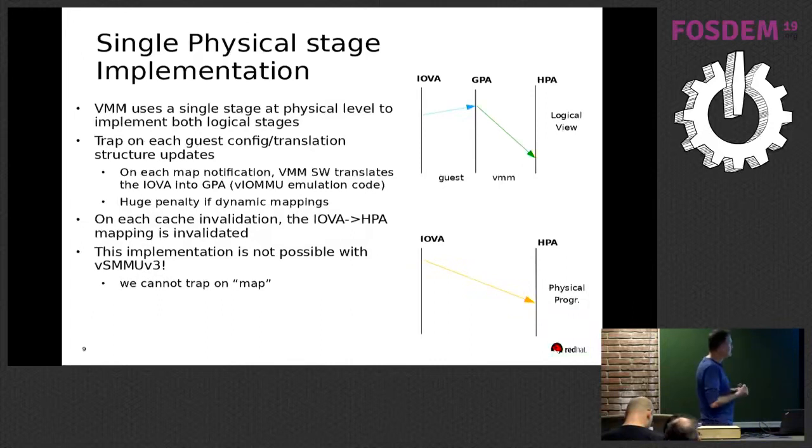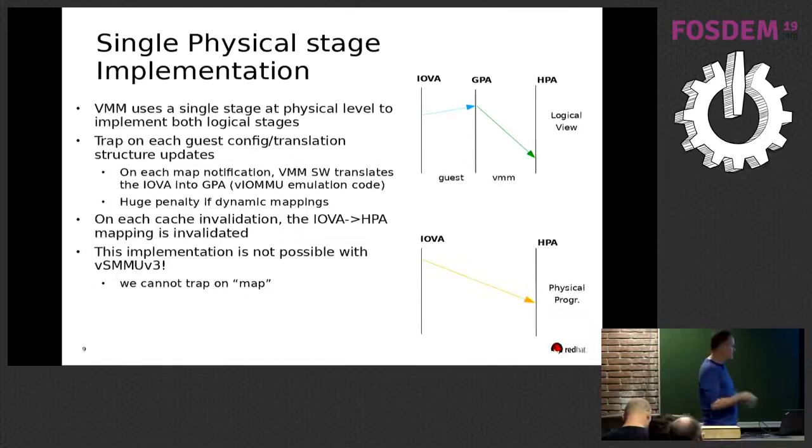So what is done is that the virtual machine monitor is going to trap on each configuration and translation structure update performed by the guest. Okay, it will do by software the translation of the first stage, so the IOVA to GPA translation. It happens in QEMU, in the virtual IOMMU device.